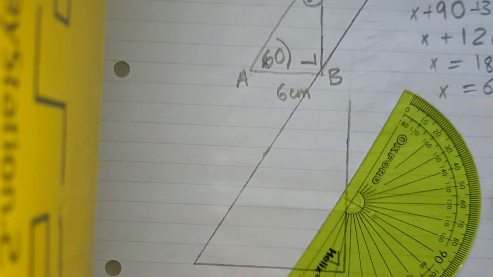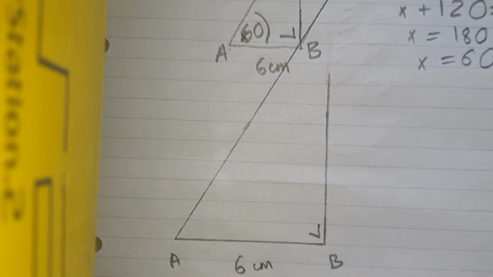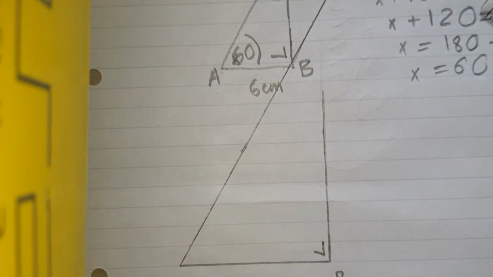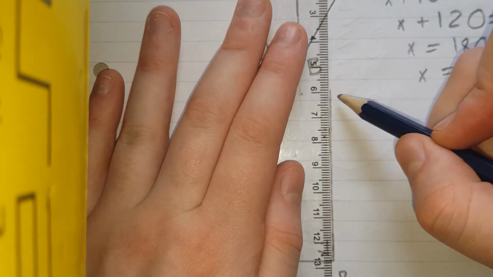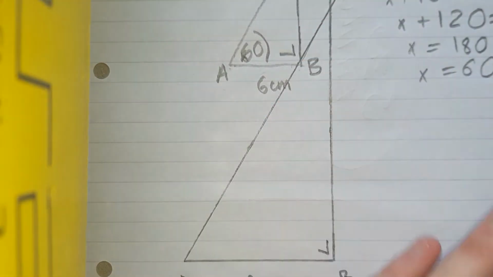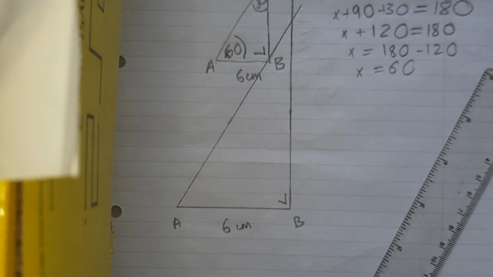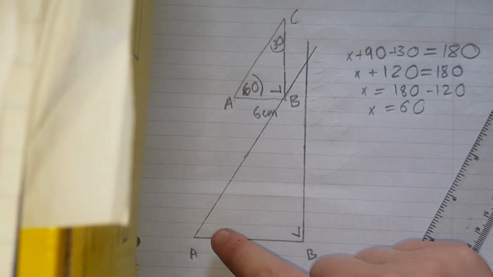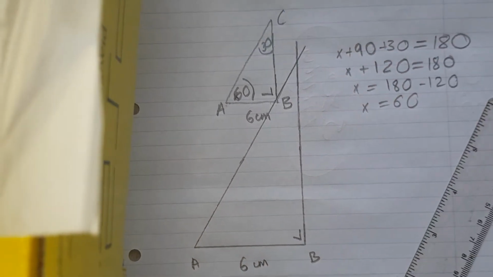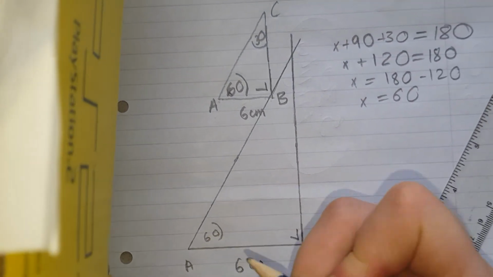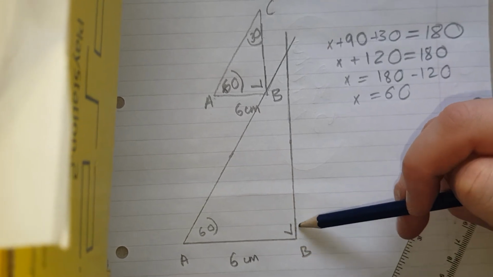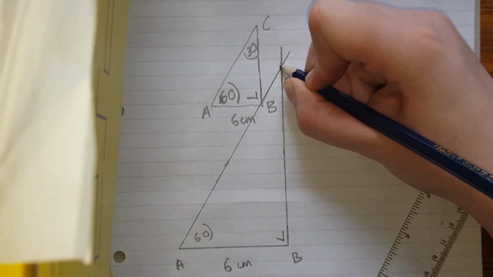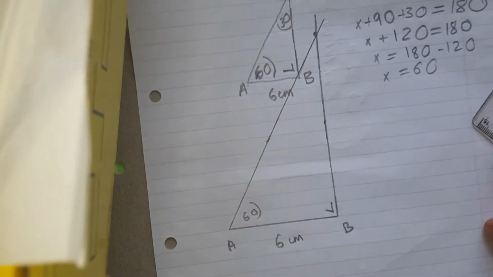I didn't give myself enough room in this case, but we've drawn a line, and then we have to draw where these two meet. We extended on our line at B, which is a right angle, and then we marked in the point where these two sides meet.